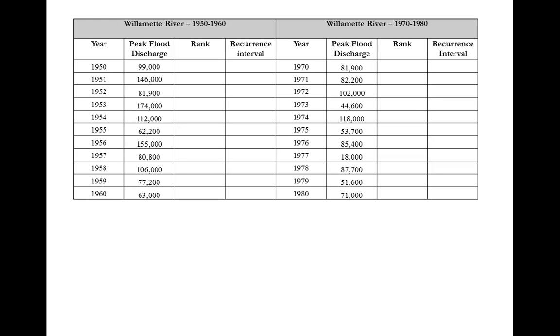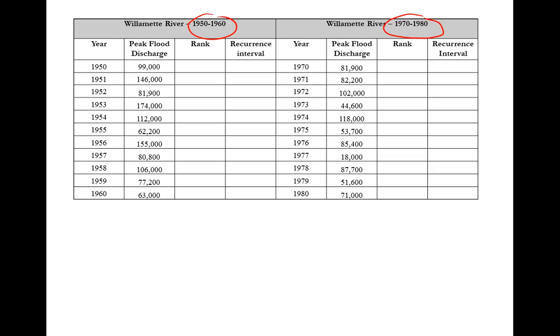This table shows the peak annual discharges for specific years. Again, I'm going to do the analysis twice, once for each of these time periods, so that we can see how the results change, how the probability of floods of different sizes has changed as a result of dam construction on the Willamette River.